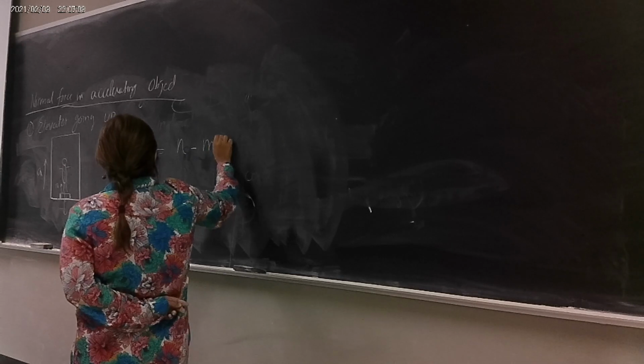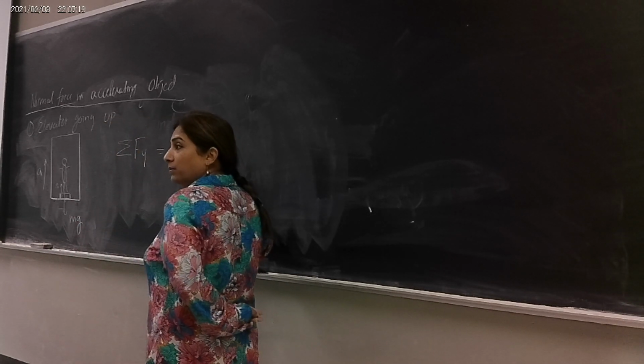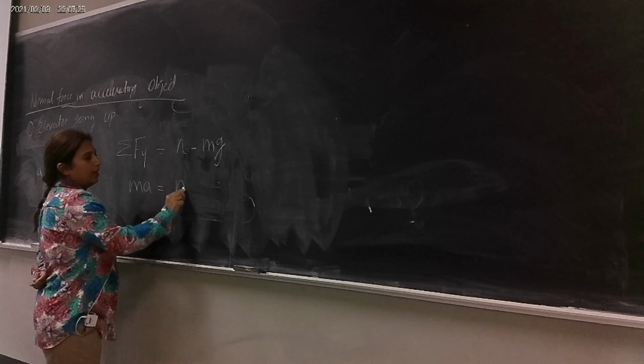And anything else? No. You don't put acceleration there because this is the net acceleration of the system. So this goes in here. F equals ma, so N minus mg equals ma. There are no other forces. That's all the body has.